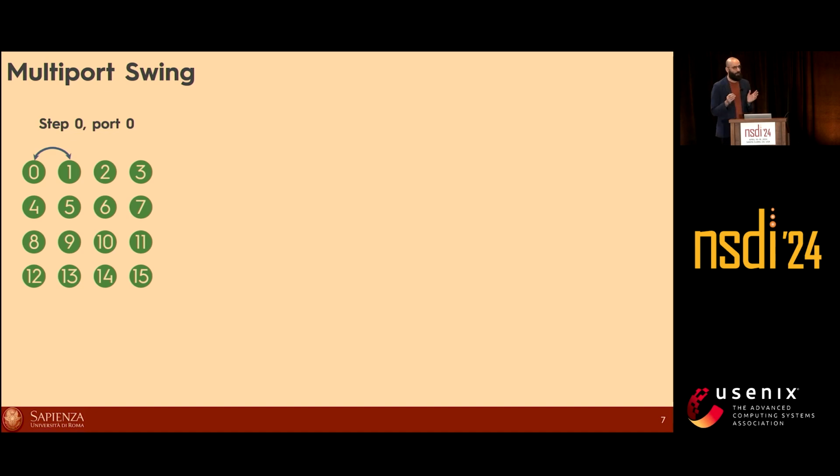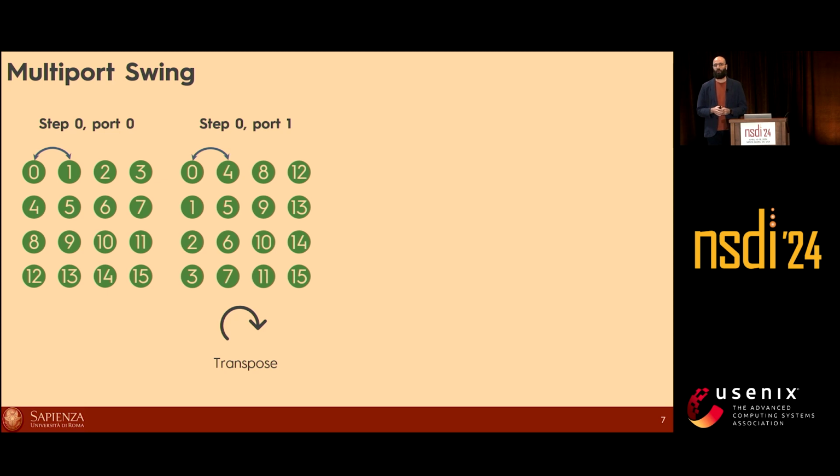Now, what we would like to do here is to have 0 communicate at the same time with 1, which is its right neighbor, with 3, which is its left neighbor, with 12, which is its north neighbor, and with 4, which is its south neighbor. So we take the data, we split it into 4 parts, and we run 4 independent Allreduce on each of these 4 parts. We run exactly the same algorithm. Okay, so this is to use the first port.